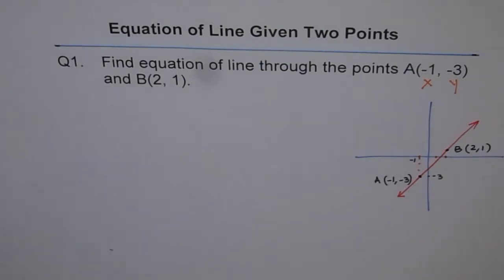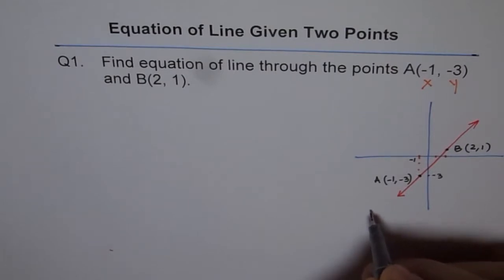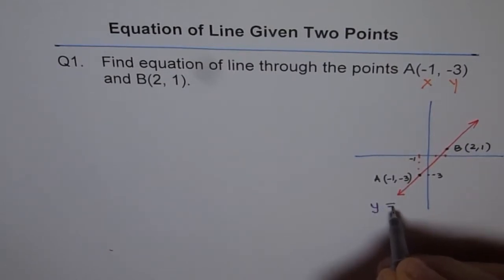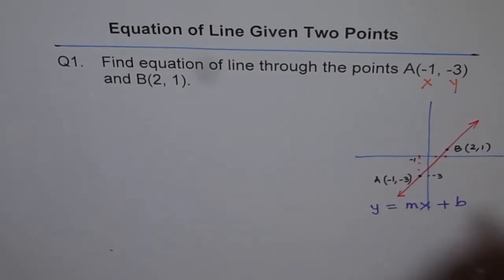Now there are different ways of writing the equation of a line. In this series, we will concentrate more on one particular very popular form, which is called slope-intercept form, and it is written as y equals mx plus b, where m is the slope.